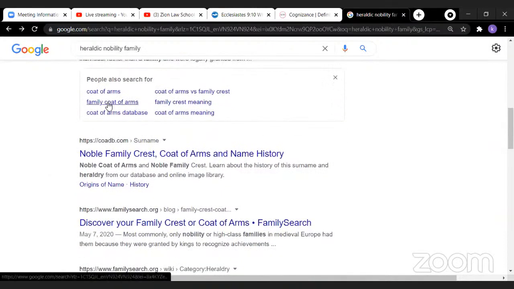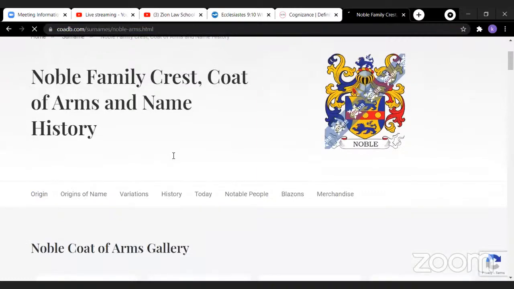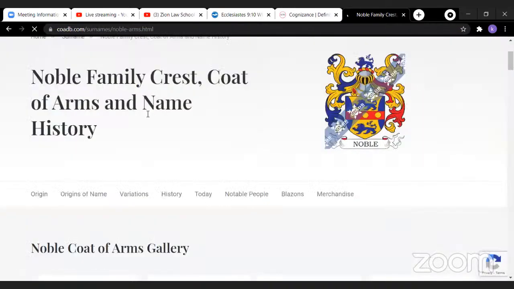Right there. Let's look at that one. So the Most High is remembering people by their families. Noble family, crest, coat of arms and name history.